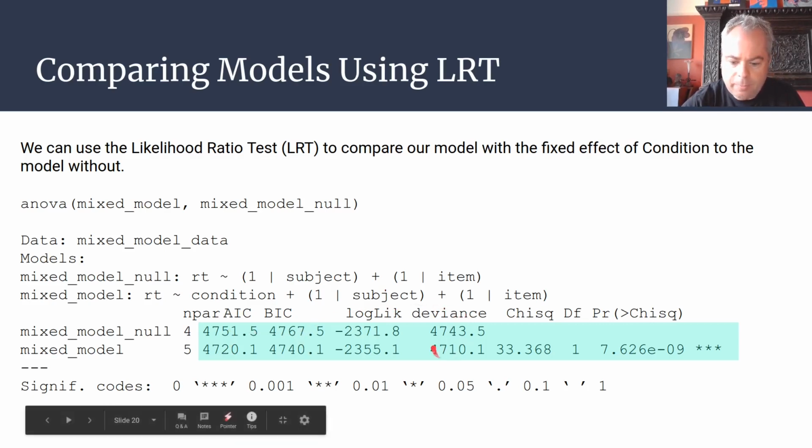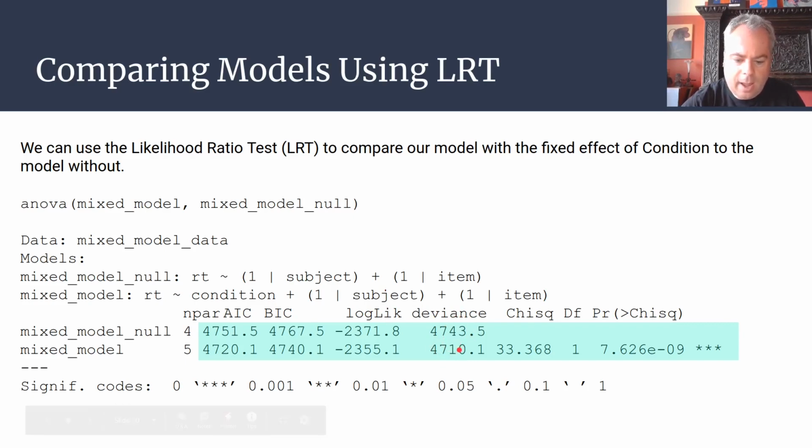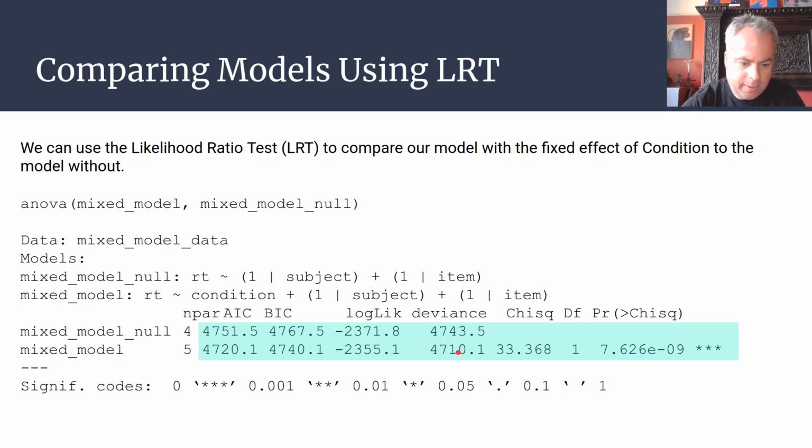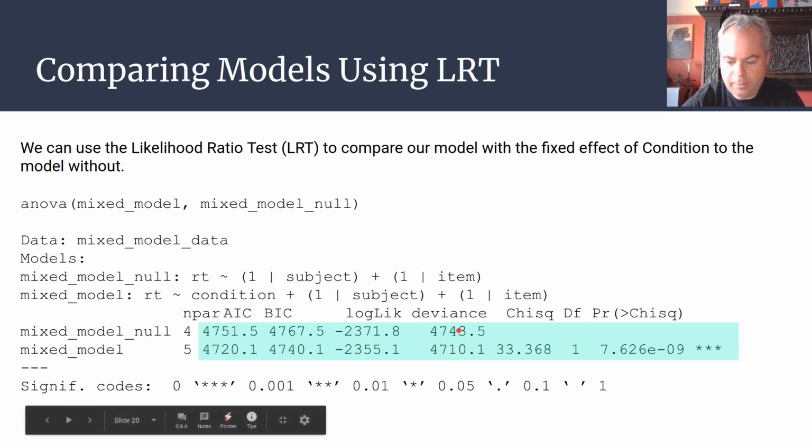Deviance here for linear models corresponds to residual sums of squares. So deviance is less for our model with the fixed effects plus random effects than it is for just our random effects model. And we can see here that the two models differ significantly from each other.